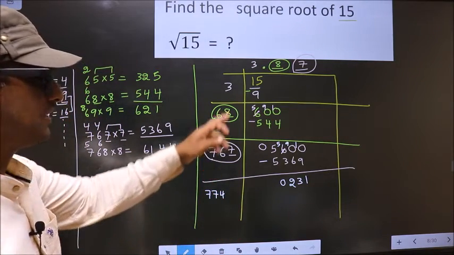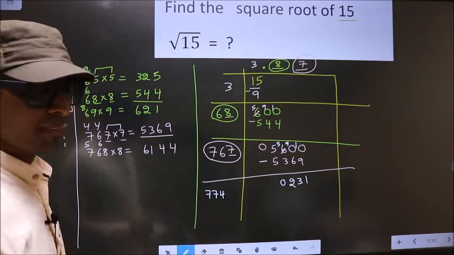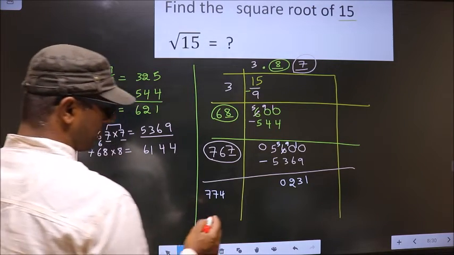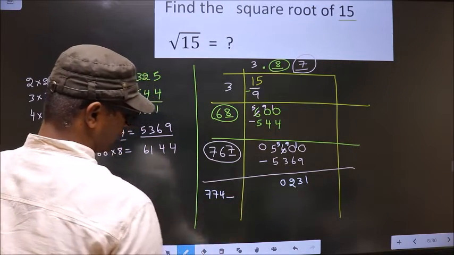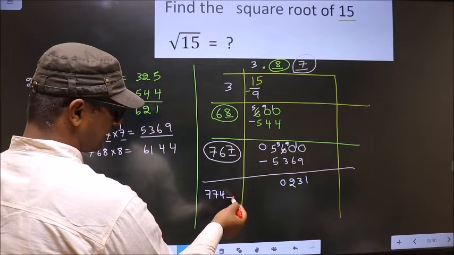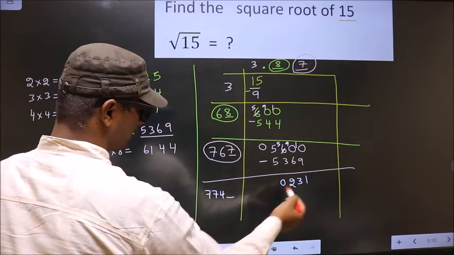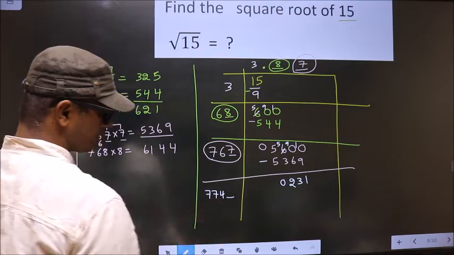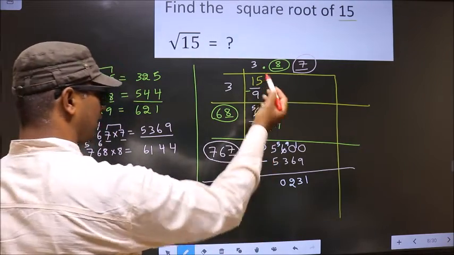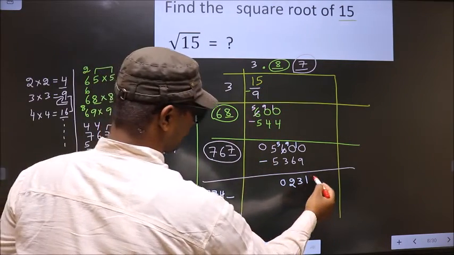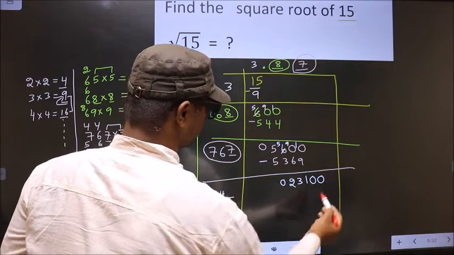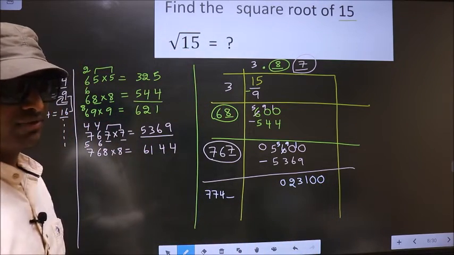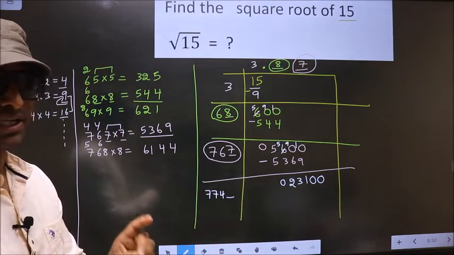Next, now I should write a number here. When I write the number here, this number will be smaller than this. Decimal is already present, so you directly take 2 zeros. In finding square root, we should take 2 zeros, not 1 zero.